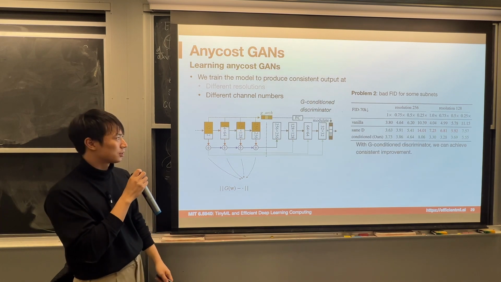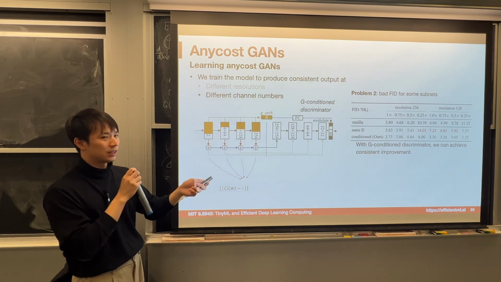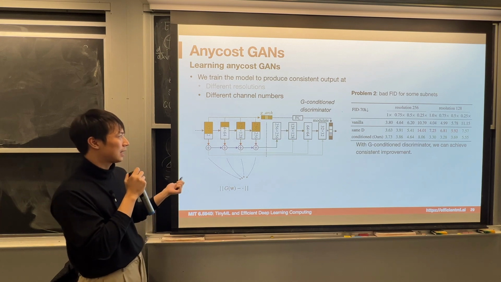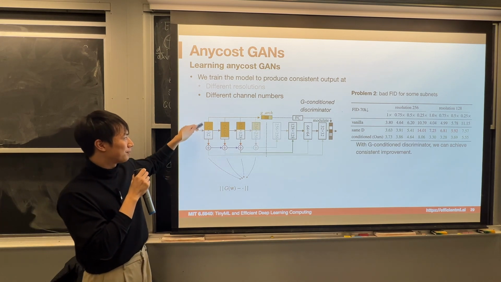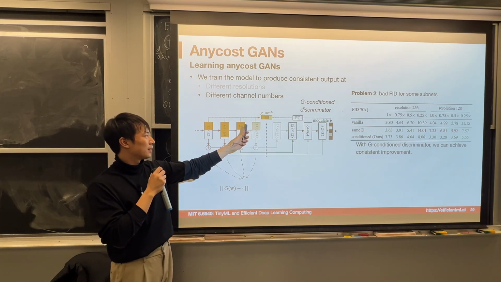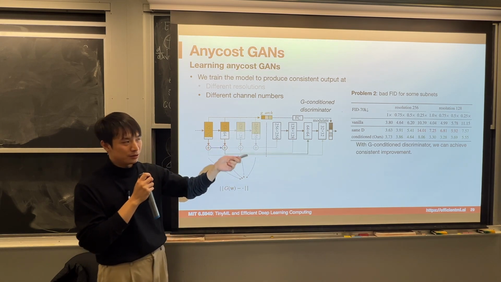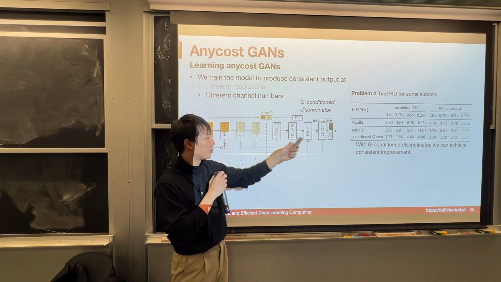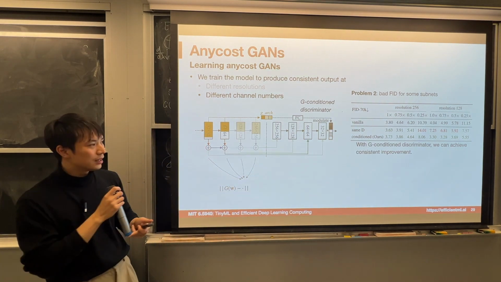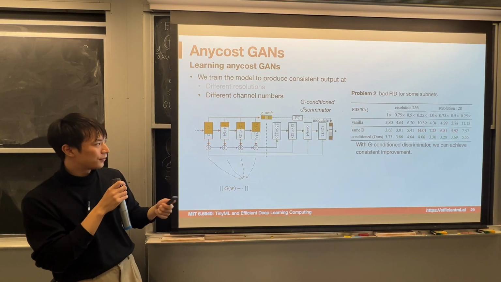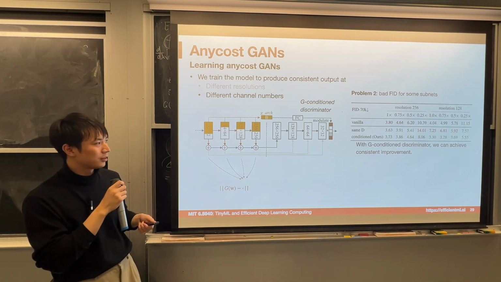So the modification is also quite simple. We simply make the discriminator aware of the generator's architecture. The way to do that is we encode the architecture of the sampled generator in a vector, and we use a simple linear layer to modulate the output of the discriminator, just to make the discriminator aware of the generator's sampled channel configuration.